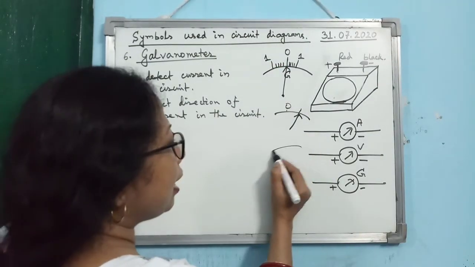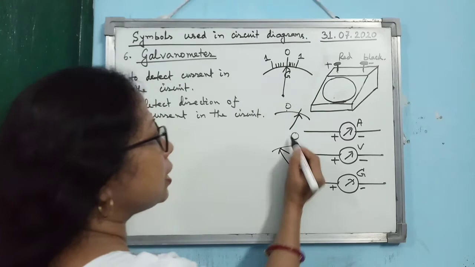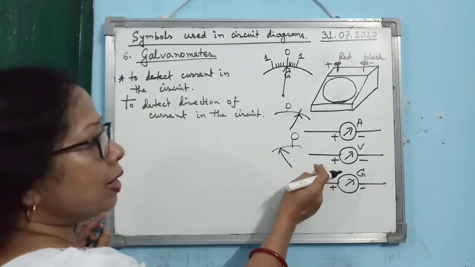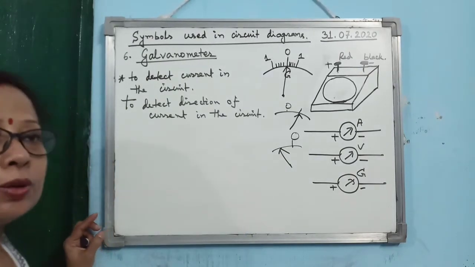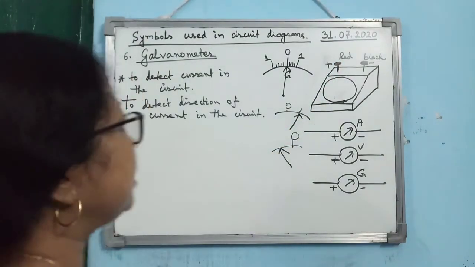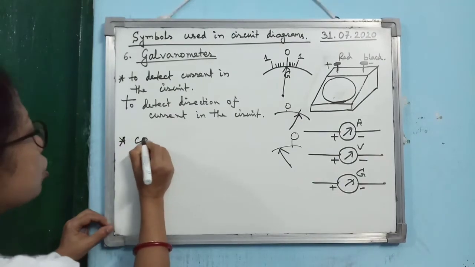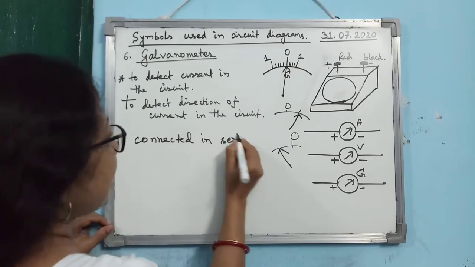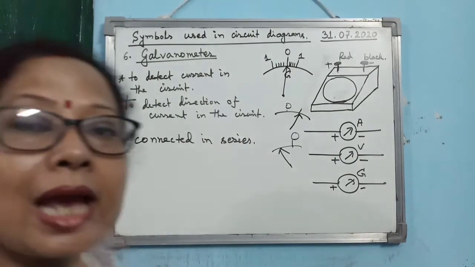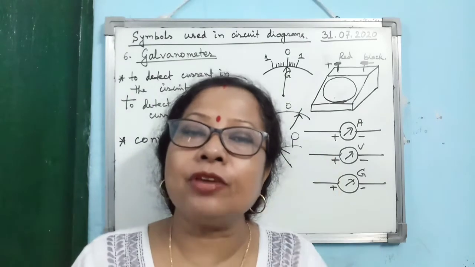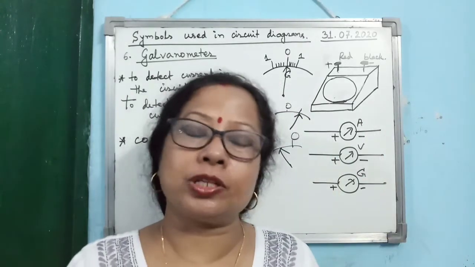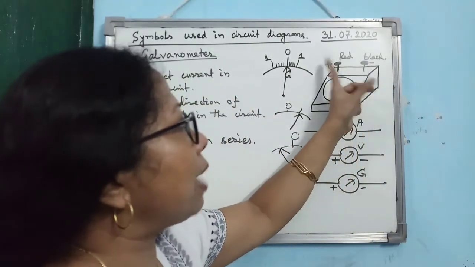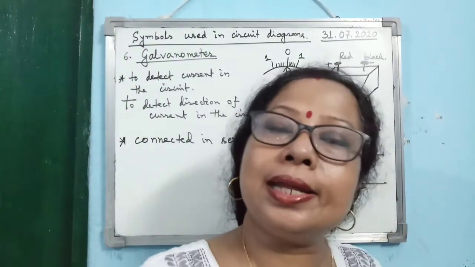But if the pointer is to the left of 0, it means the current is moving from right to left. Is that clear? The galvanometer is also connected in series, but in this case there is no restriction like ammeter and voltmeter that the positive terminal has to be connected to the positive terminal of the battery. Although red, black, positive, negative are given, you may join it to any terminal.